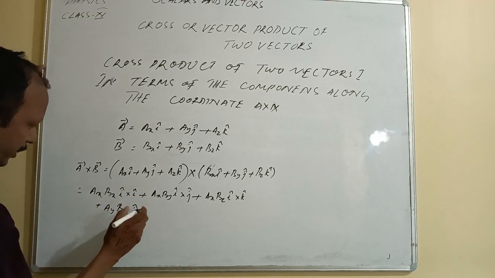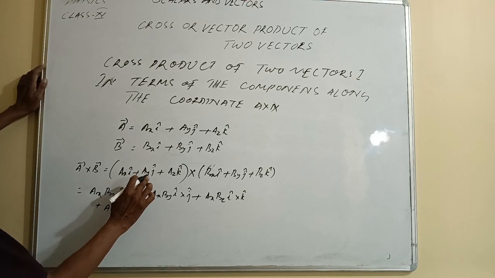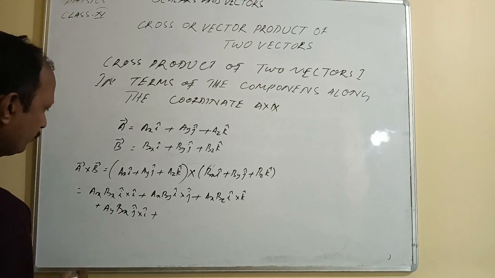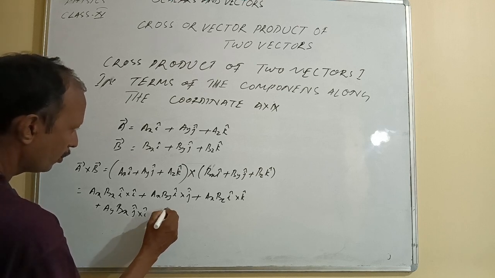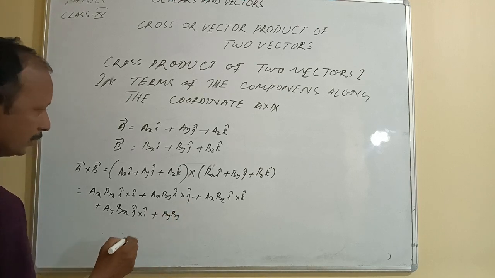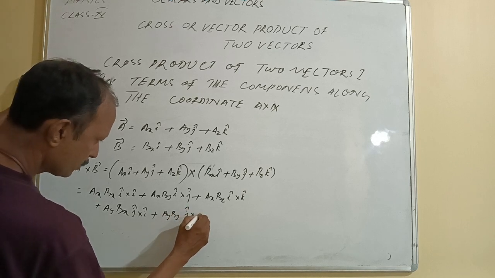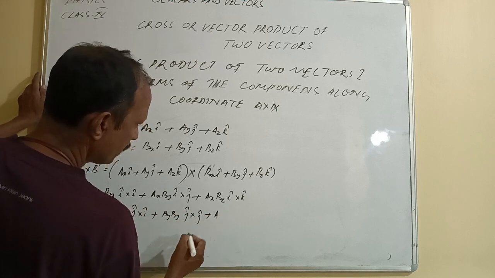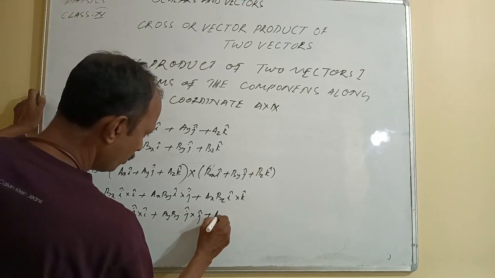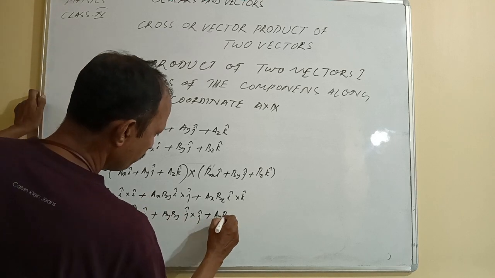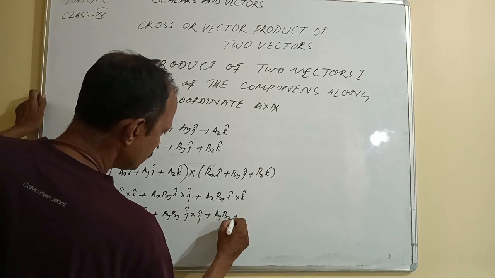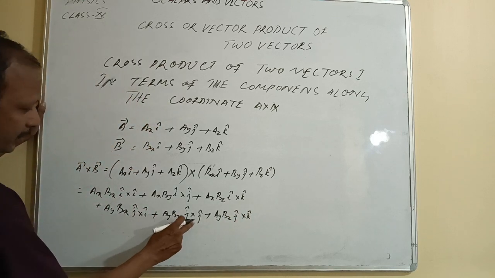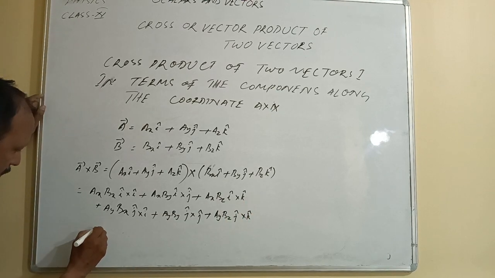Now AY BX J cap cross I cap, plus AY BY J cap cross J cap, plus AY BZ J cap cross K cap.